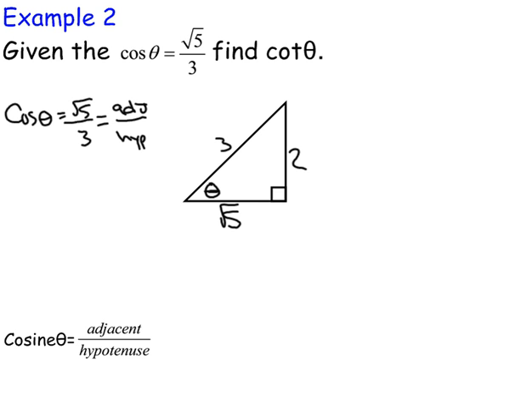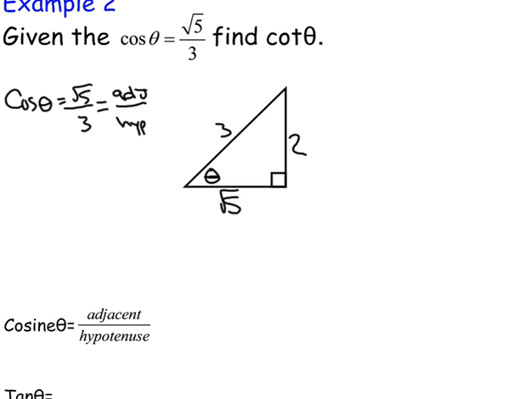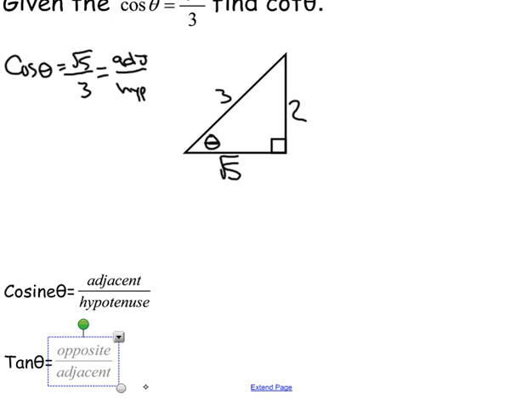Okay, so we are asked to find the cotangent of theta. Well, we know that cotangent is the reciprocal of tangent. So the tangent is equal to opposite over adjacent, which means that the tangent is going to be equal to 2 over radical 5.